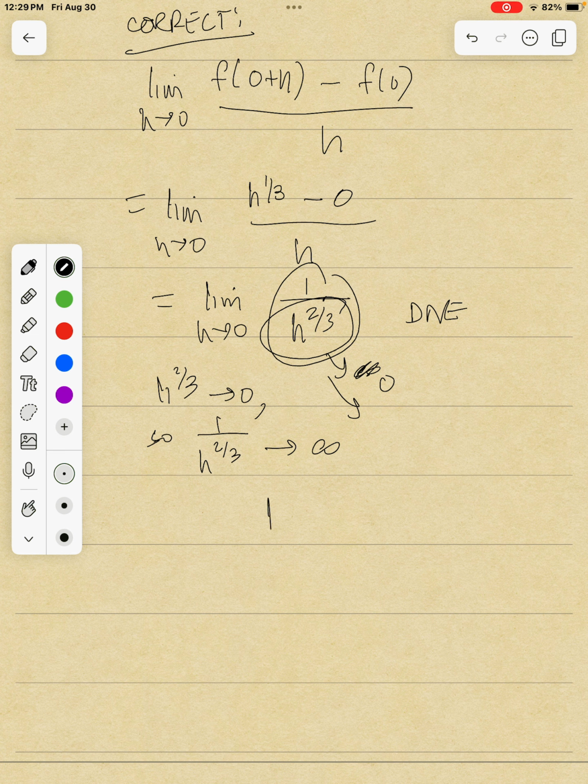And you can see what happens if you graph y equals x to the 1/3. It looks like this.